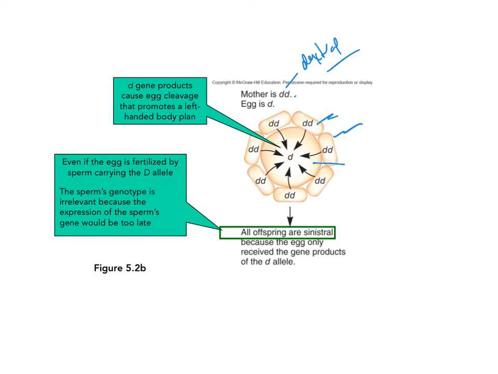Again, even though the sperm is important in terms of fertilization of the egg, the genotype of that sperm is irrelevant, because you're already determining the cleavage pattern before this egg ever gets fertilized.